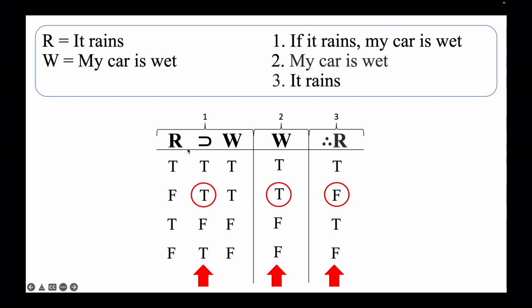So there is a combination in this argument where the premises can be true and the conclusion false. But an argument that can have true premises, and despite the truth of the premises, the conclusion can still be false, is an invalid argument. That's how we recognize it.